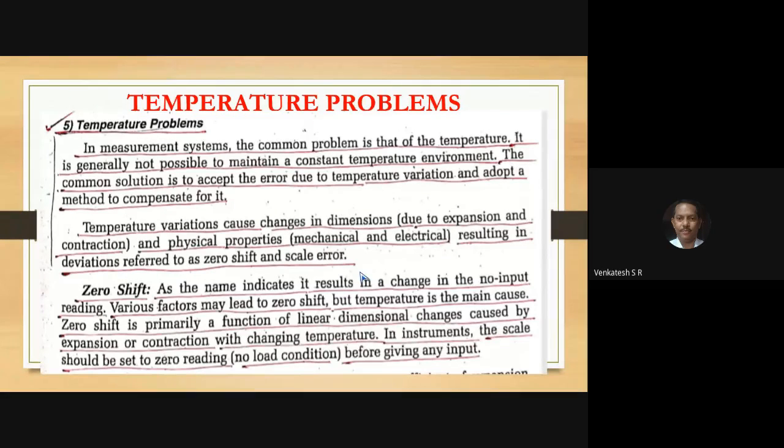This needle movement to 3.9 or 4.1 is called zero shift. This type of problem always arises in the mechanical system, so you have to avoid it. There is an adjustment on the backside of the pressure gauge. From that, you can adjust the zero shift so that you can read null balance, that is, for no input, no output. That is called zero shift.